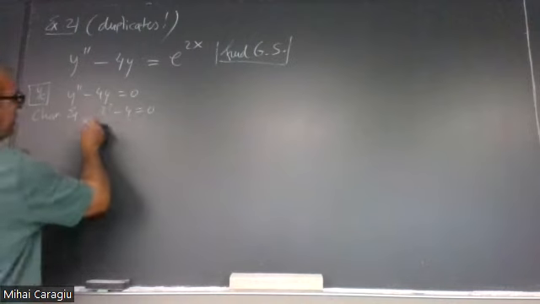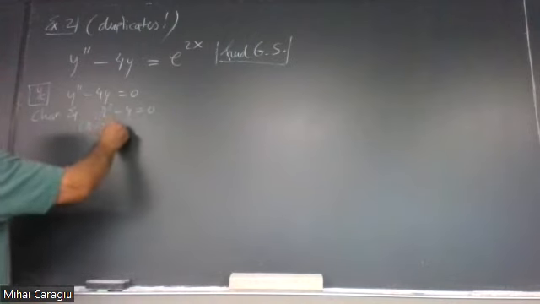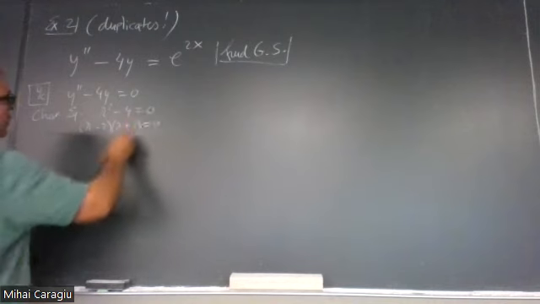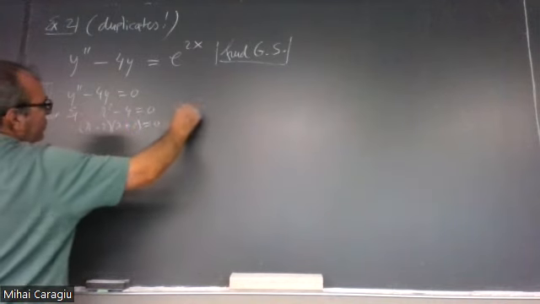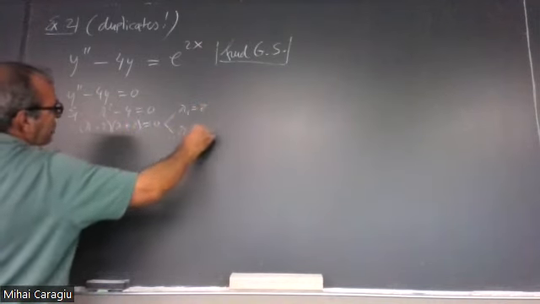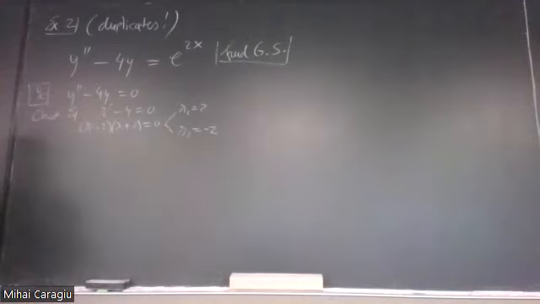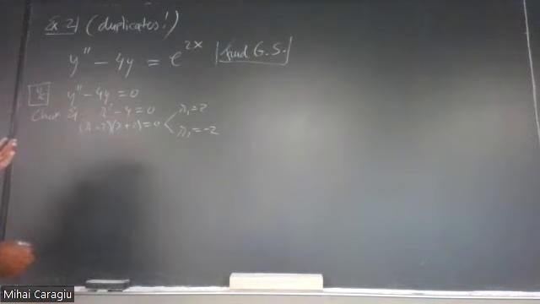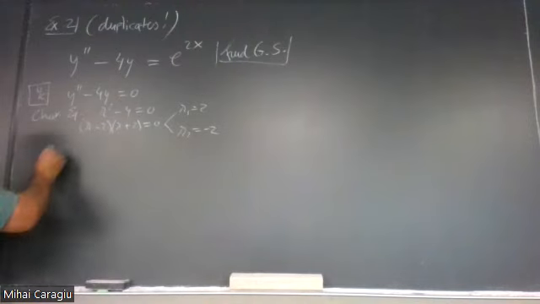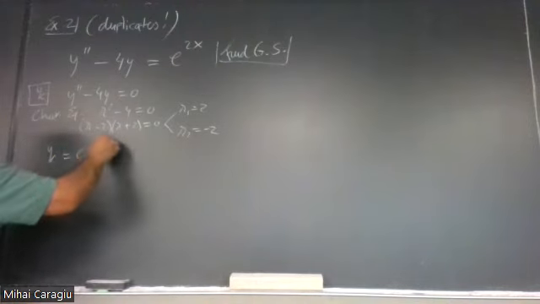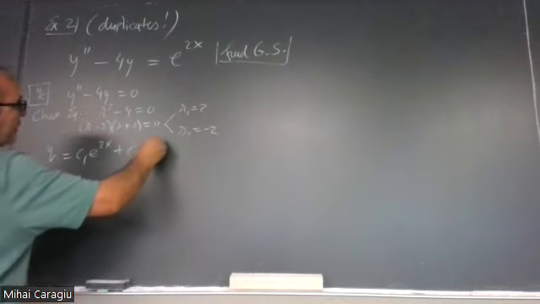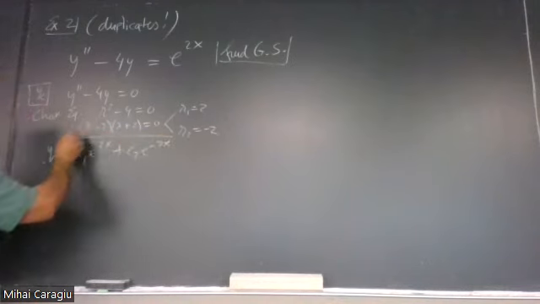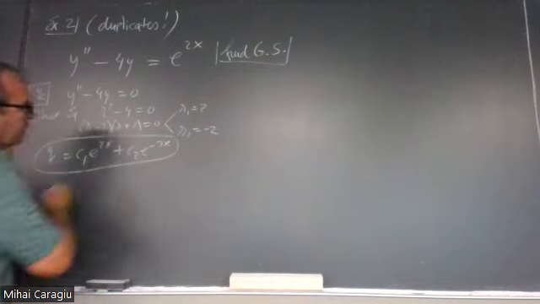And characteristic roots, we can simplify: r minus 2 times r plus 2 equals 0. Characteristic roots r1 equals 2, r2 equals minus 2. So the base of solutions are e to the power 2x, e to the minus 2x, and therefore y sub c is c1 e to the power 2x plus c2 e to the minus 2x. Keep this in mind, very important. Usually this is the easy one.